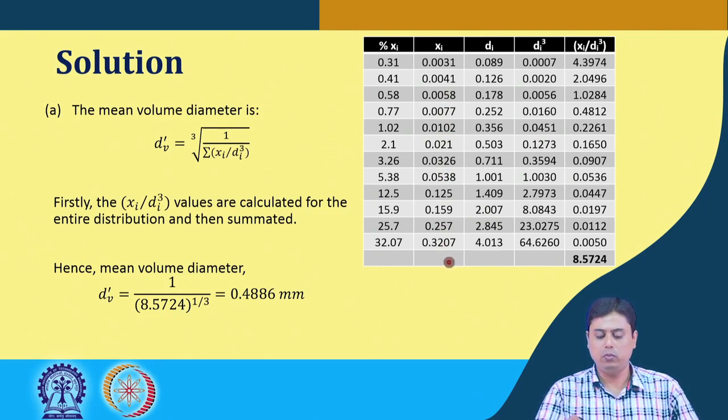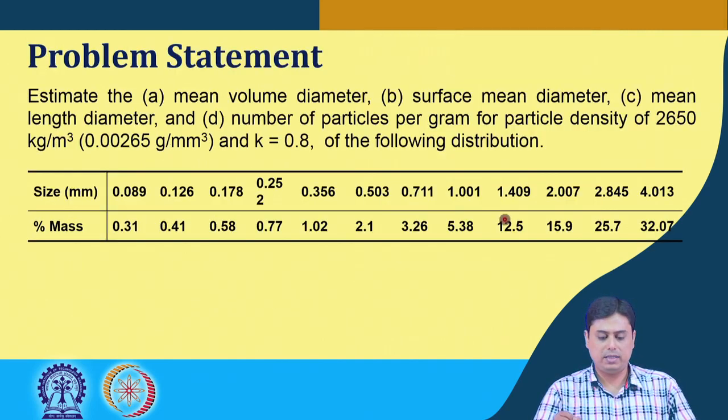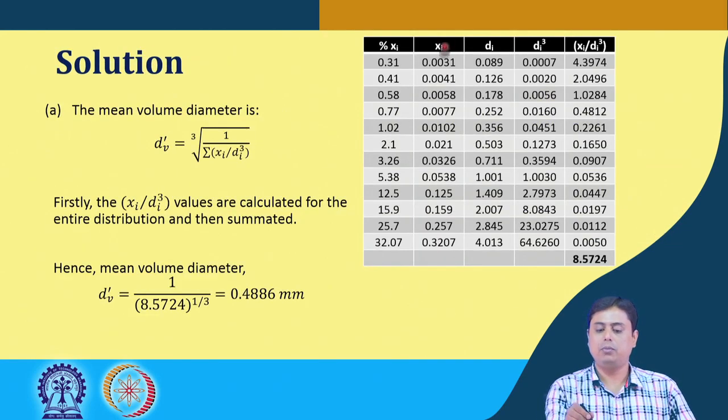Then the d value is also given in that table. The first row is the d value, the second row is the percentage x value. From there we find x, and d is given.